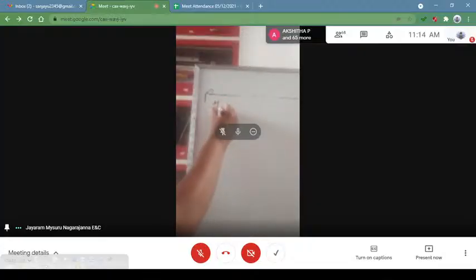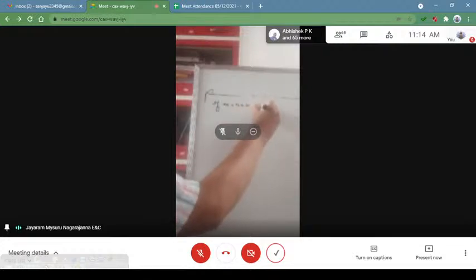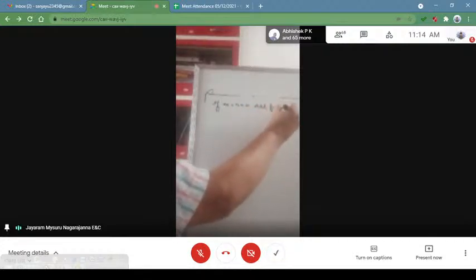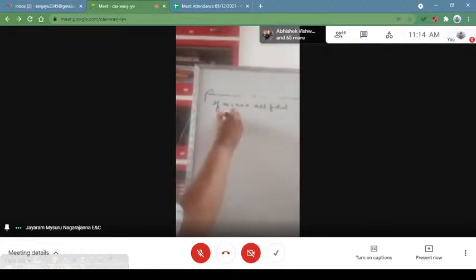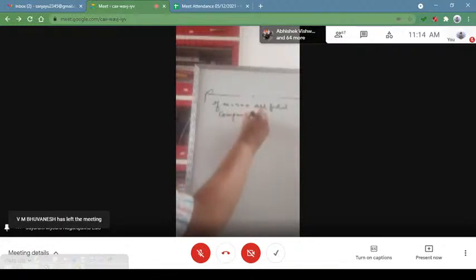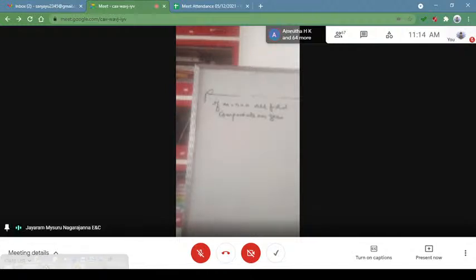If m equals n equals 0, all field components are 0. If you substitute m equals n equals 0 in the equations of Ex, Ey, Hx, Hy, Hz, all of them will vanish because they are functions of sine and cos functions.